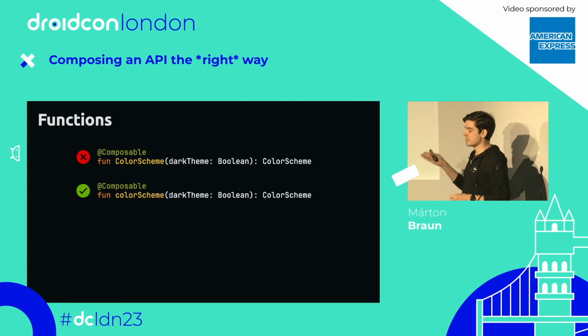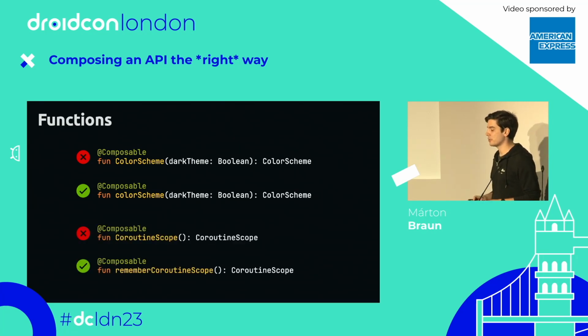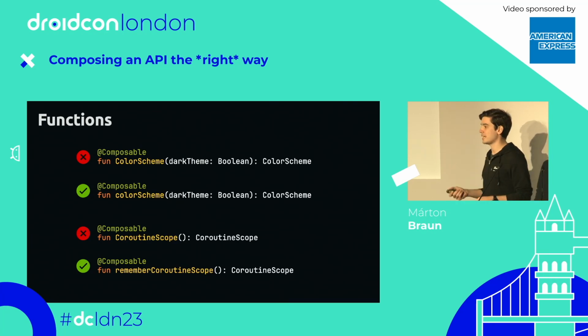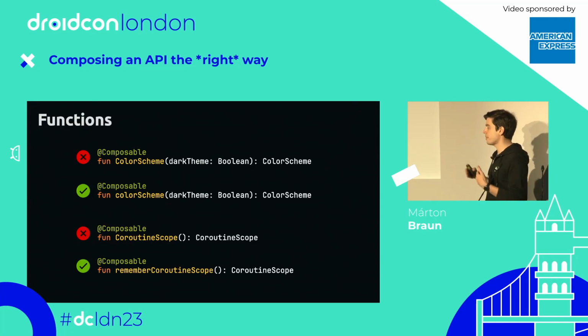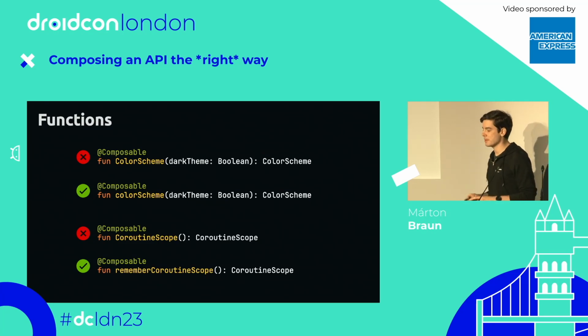But instead, you should always stick to lowercase naming, because uppercase names are for entities, for things that produce things into the composition. You should especially not use the uppercase naming convention if your composable function does anything exciting. So for example, if it also automatically remembers the value that it's going to produce, then you should use the remember prefix for the function name. And again, it should be a lowercase name.